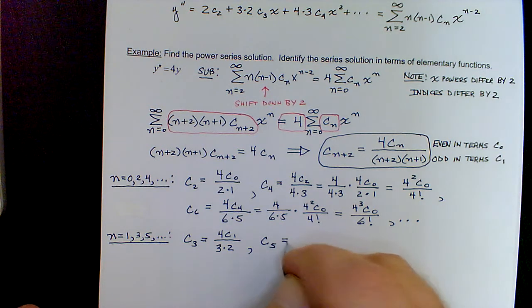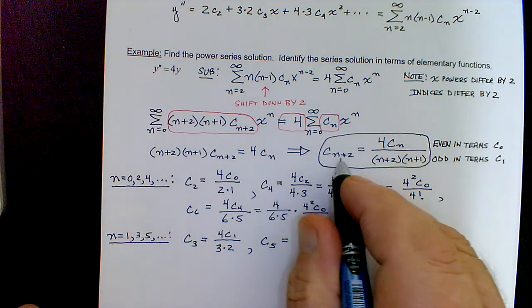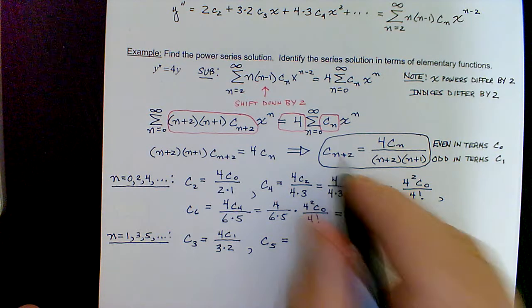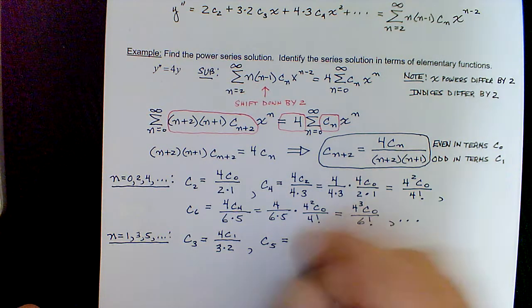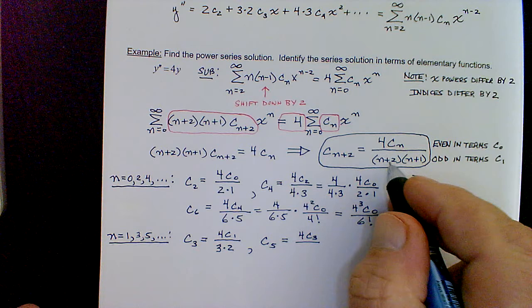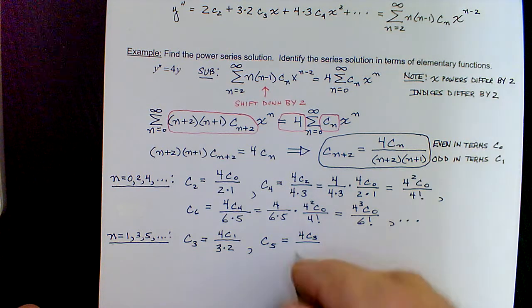Now when n is 3, c sub 5 would be, again, n is 3 in the recurrence relation, so c sub 5 is 4 c sub 3 over, when n is 3, we get 5 times 4.